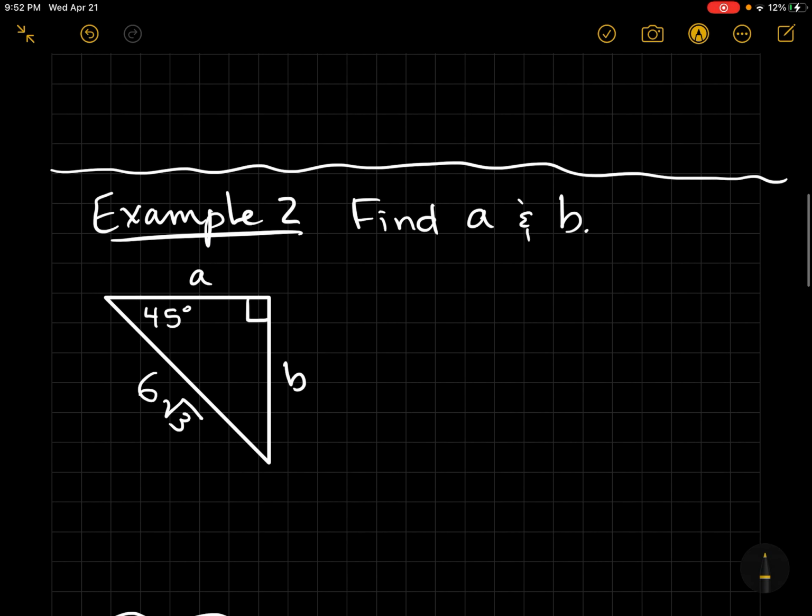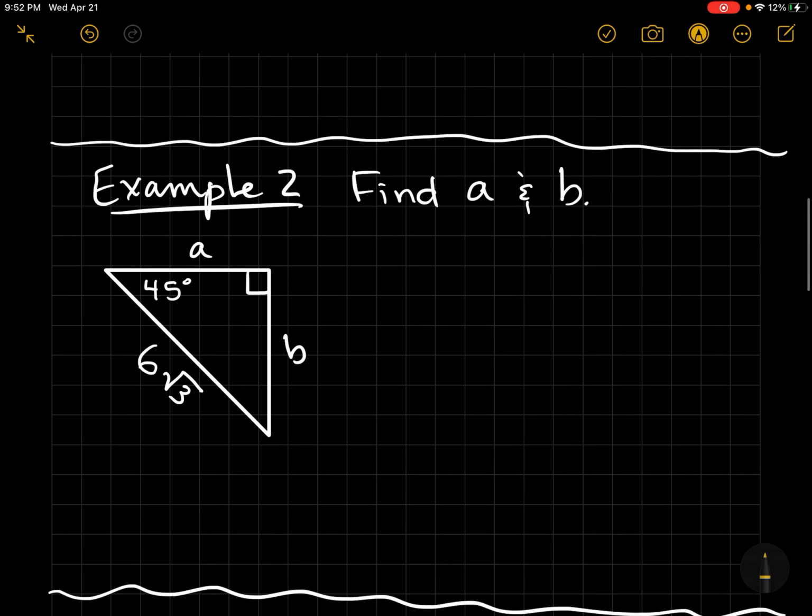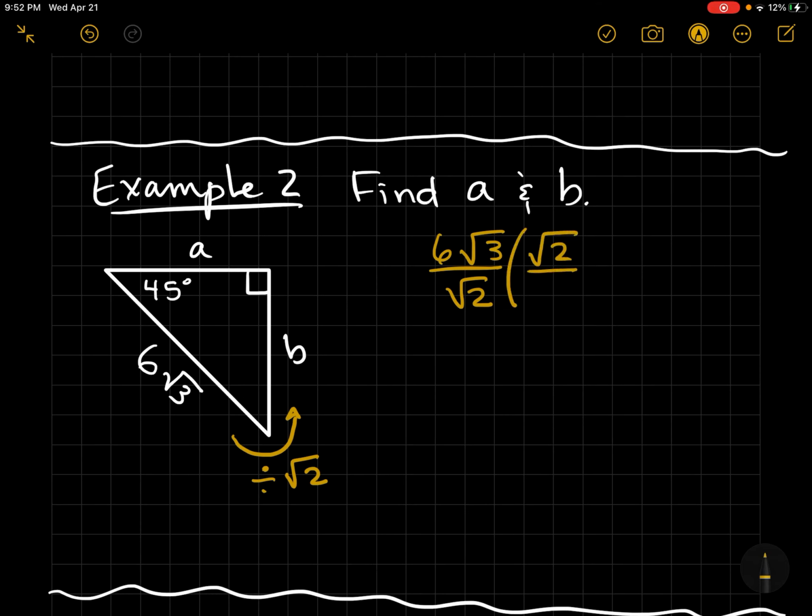Example 2. Again, we're going to find A and B. However, we know the hypotenuse is 6 radical 3. So we're going to divide by radical 2 in order to figure out the leg. So 6 radical 3 divided by radical 2. Remember, we rationalize, get rid of that radical in the denominator.